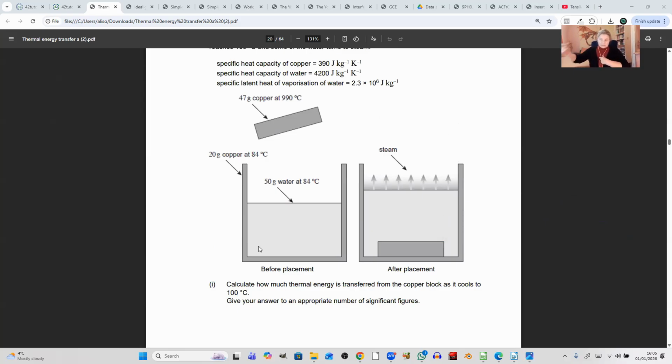So we've got water turning to steam. If what you're doing is dropping in ice cubes, of course the ice cubes turn into water, but they turn into water at 0 degrees. So you then have to warm them up to the final temperature. And so you need to be really clear about which things are warming up and which things are cooling down in order to work out what your final temperature is when you're dealing with ice cubes.